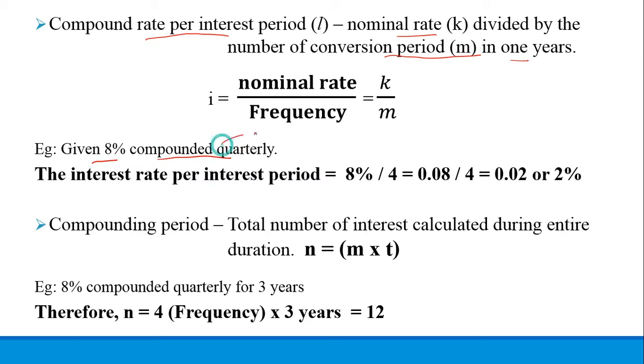Quarterly means 4 times, 4 kali dia bayar for the interest payment, and 8 is the rate of interest. So 0.08 divided by 4, you will get 0.02 or 2%. That is how you calculate the compound rate per interest period.